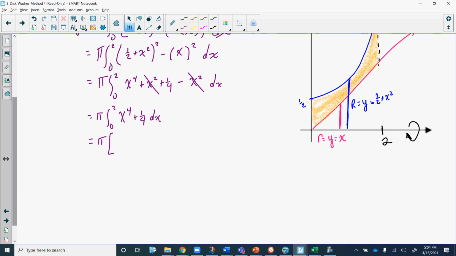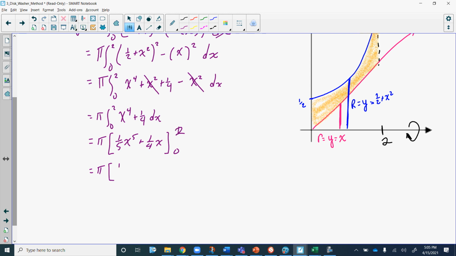Pi, and that'll be 1/5 x to the 5th plus 1/4 x, evaluated from 0 to 2. And do your substitution. So we have pi. Again, we don't really have a common factor that we can pull out as our constant here.